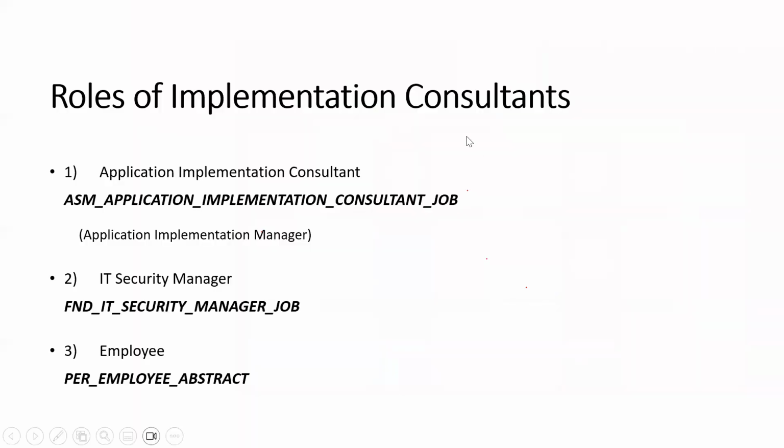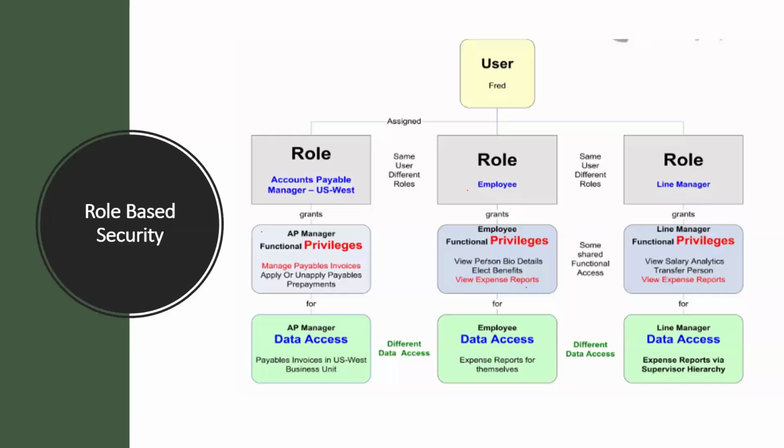Do you have any questions on the user and roles level? Yeah, Mahesh, I have some questions. Regarding the abstract role, you are saying that it's an employee role, right? Yes.